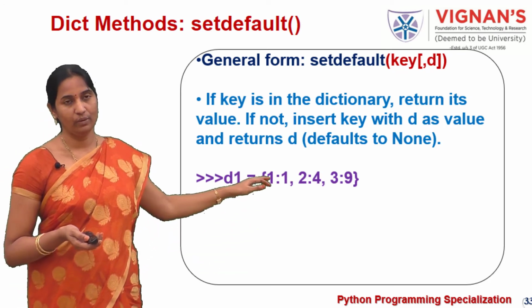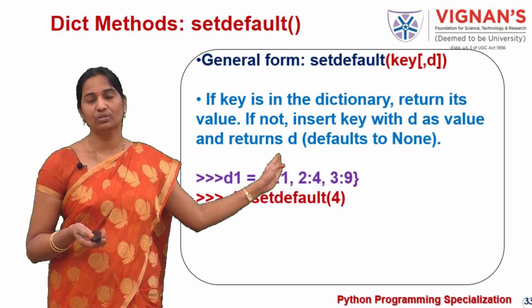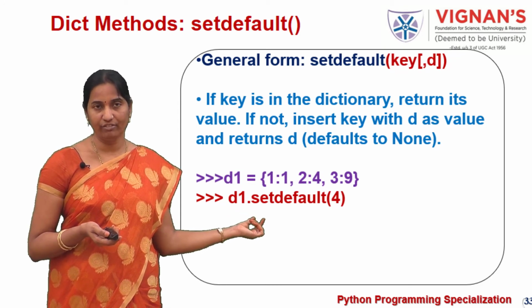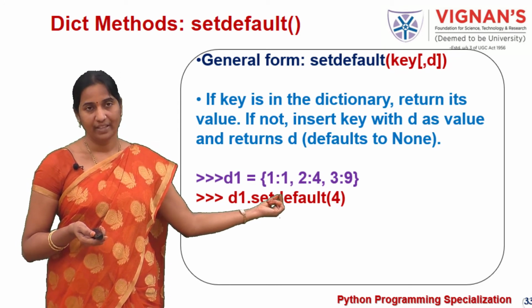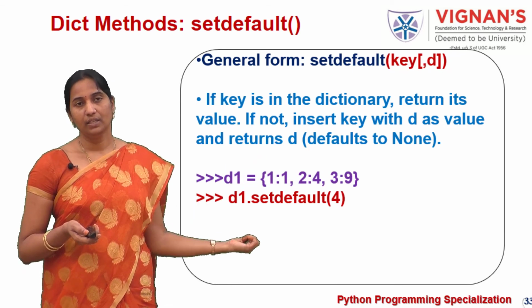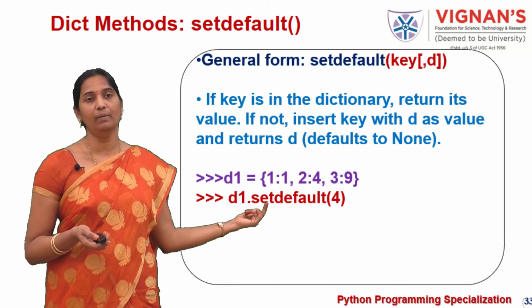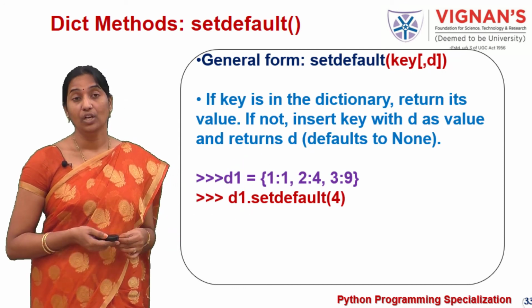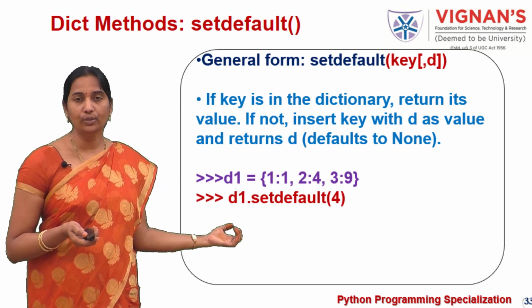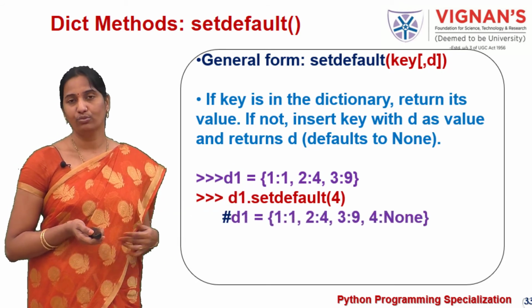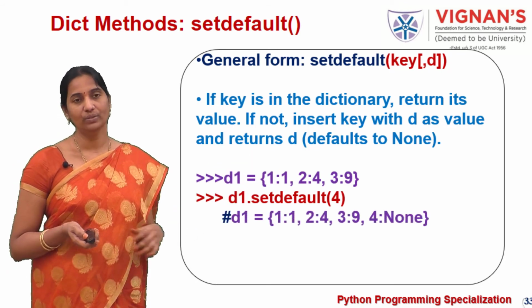Here if you observe, D1 is a dictionary with 1, 2, 3 as the keys, and I am calling setdefault with the argument 4. That means you are trying to access the key 4 from the dictionary D1. Because it's not available, a new element with the key 4 and the value None is added to D1.